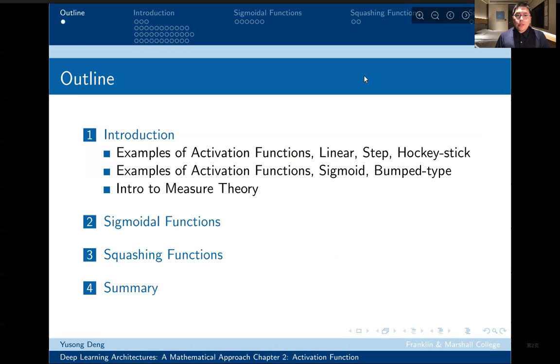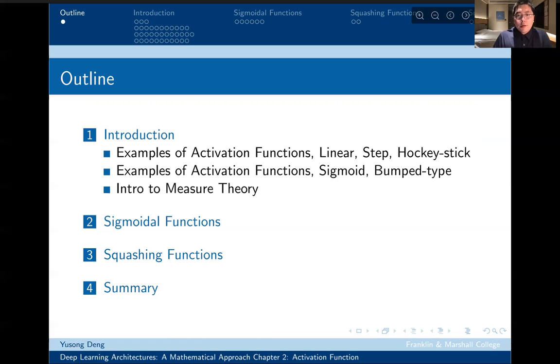Today's video, I divided into three main parts. First of all, the introduction. Second, the sigmoid function and the squashing function. Actually, the introduction and the sigmoid function are the main body of our video, as they contain the majority of the material.